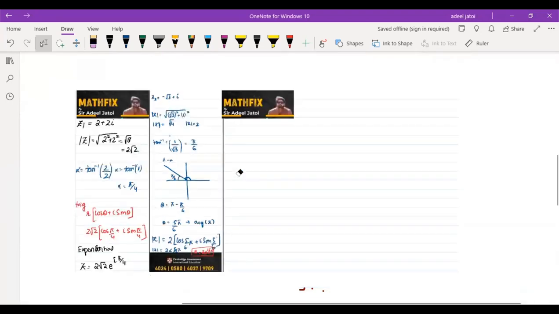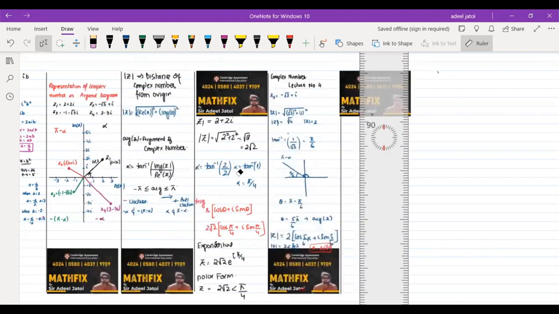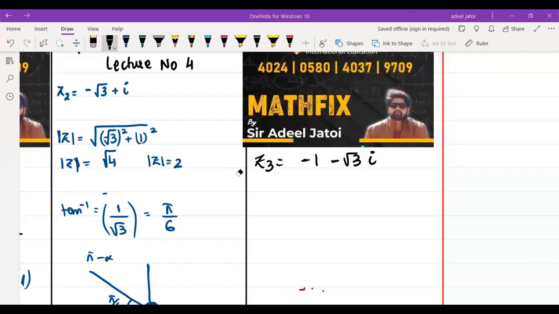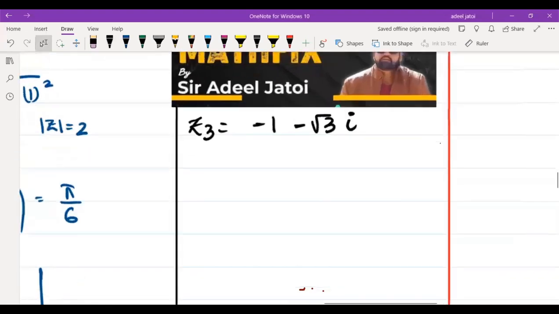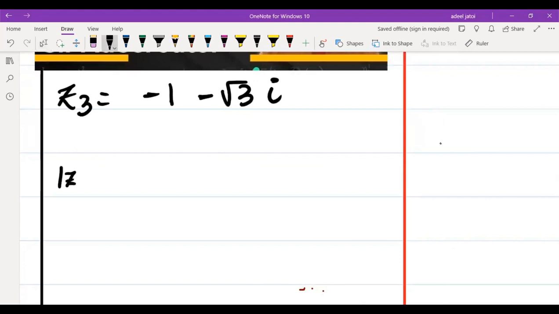Now covering this for Z3. Since we know that Z3 is minus 1 minus under root 3 iota, we will be taking out the modulus of this: minus 1 square plus minus under root 3 square, under root.